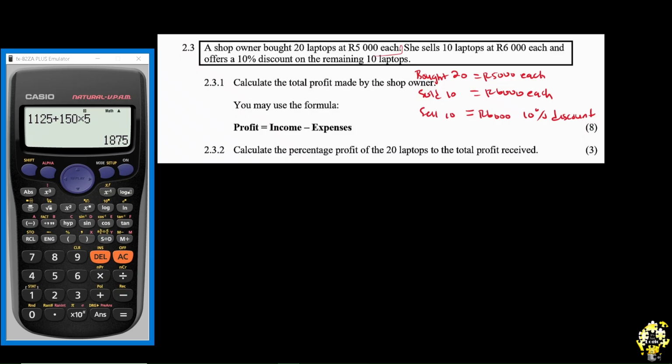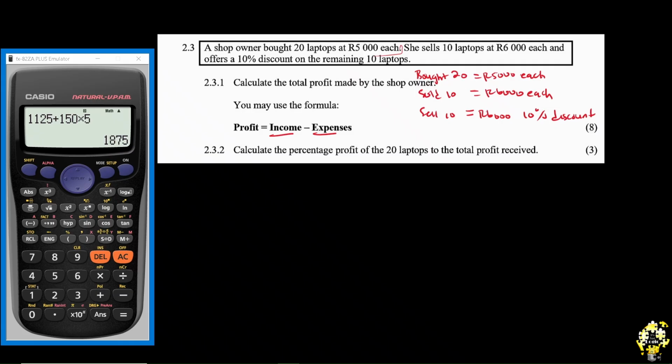It says calculate the total profit made by the shop owner. Profit, as you can tell, is when income is greater than expenses. They gave you the formula here. But before we can calculate the profit, we need to find the income, the money that came into the business, and the expenses, the money that left the business account.